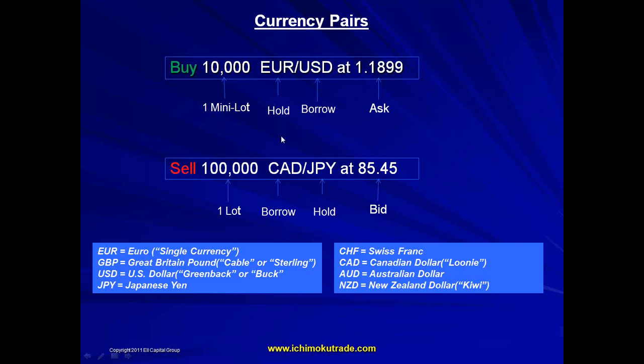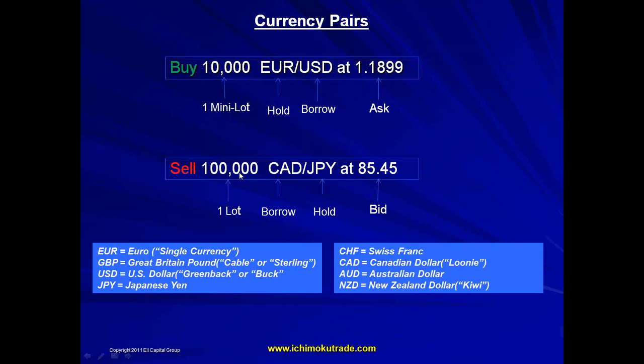Over here, if I'm selling and this was 85.45 and it goes to 85.00, I basically made 45 pips times $10, so that's $450. Everyone see that?